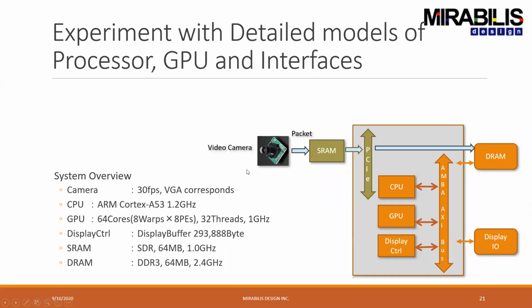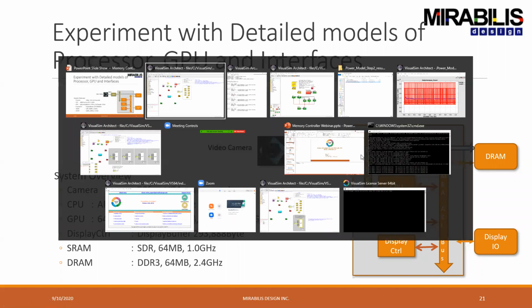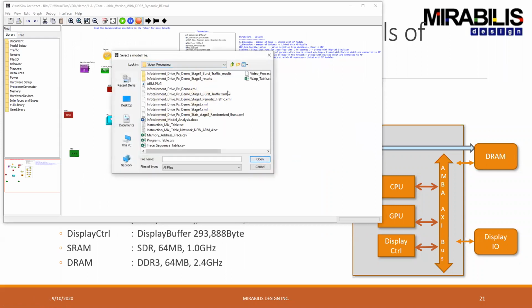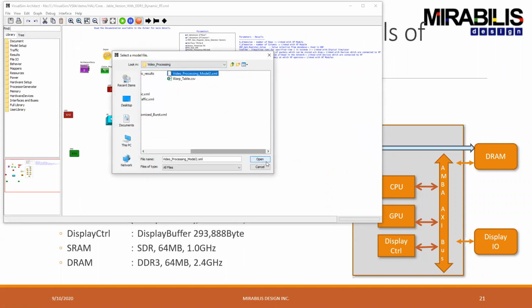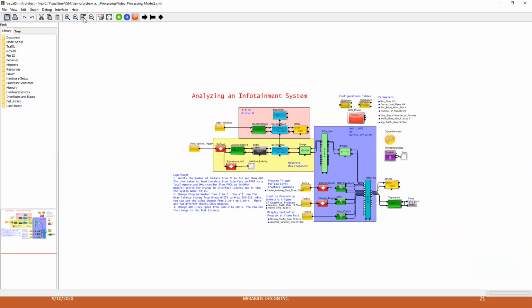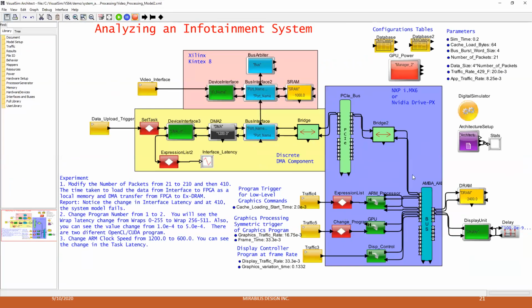Now, as I was mentioning here, the design that we were looking at, which was an infotainment system, we did have the data coming in through a video camera, SRAM, PCIe. So I was initially looking at the memory controller and the SoC, but now I've taken that same SoC, but incorporated a PCIe, incorporated a Xilinx Virtex, and a DMA.